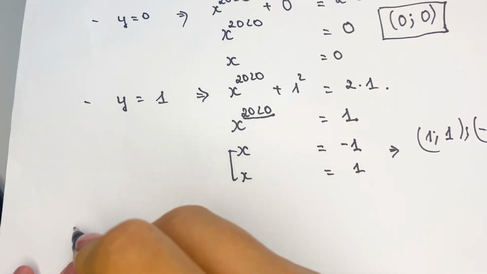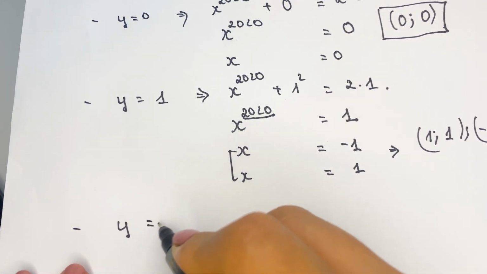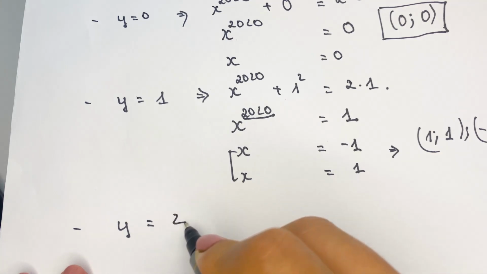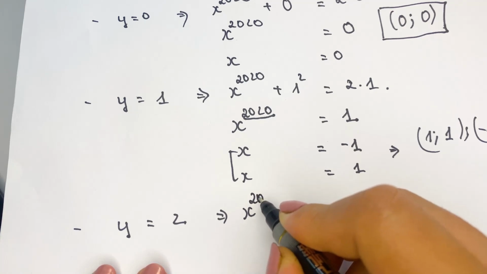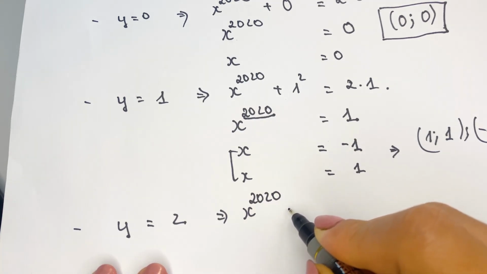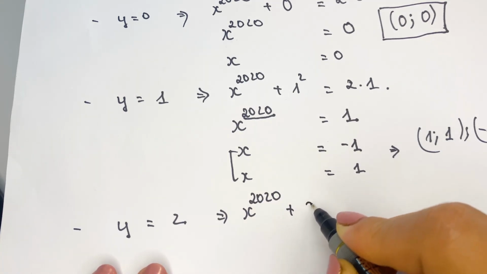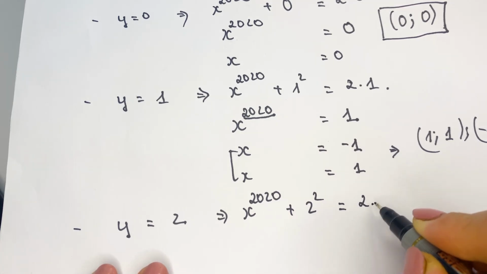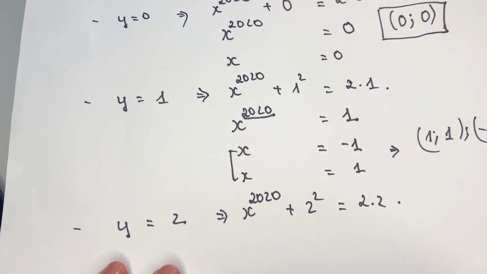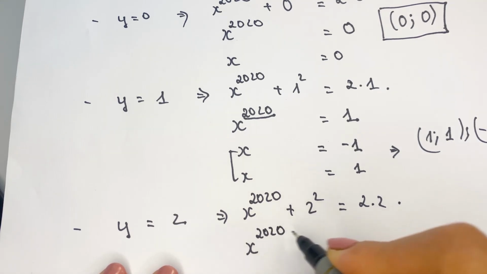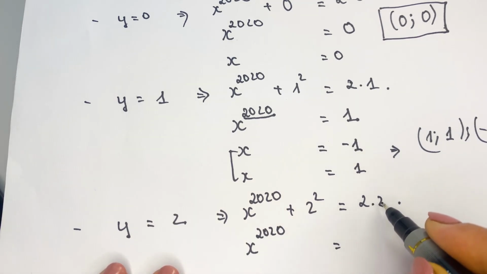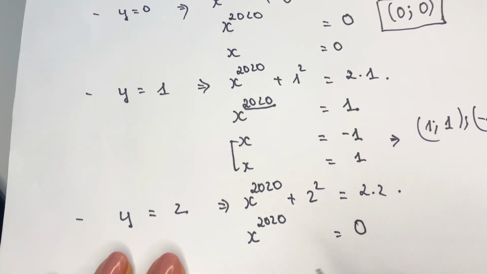And next, for the last, y equals 2. Therefore we can say x^20 plus 2 squared equals 2 times 2. And so we have x^20 equals 4 minus 4 equals 0.